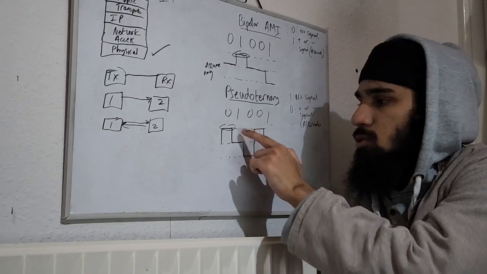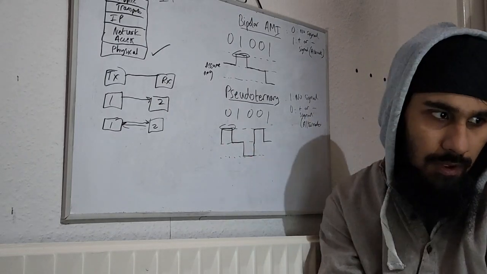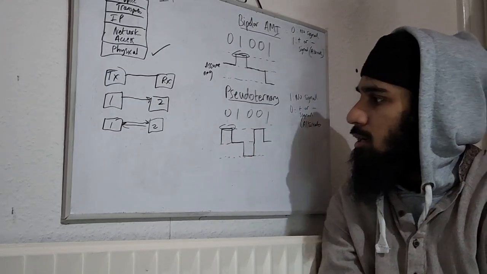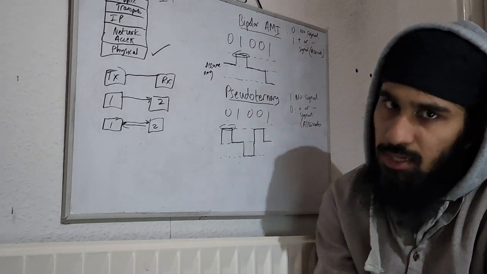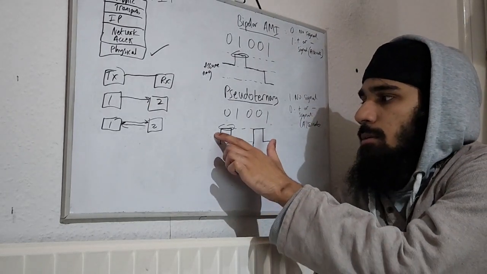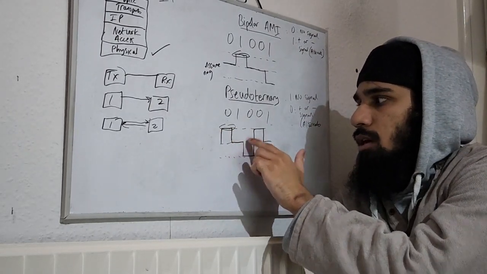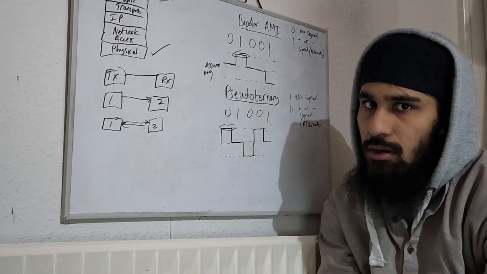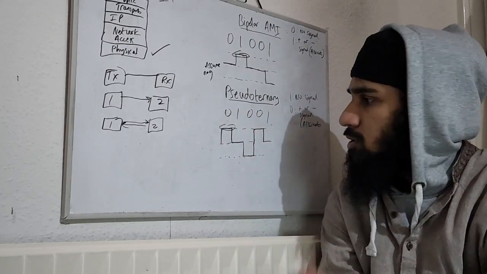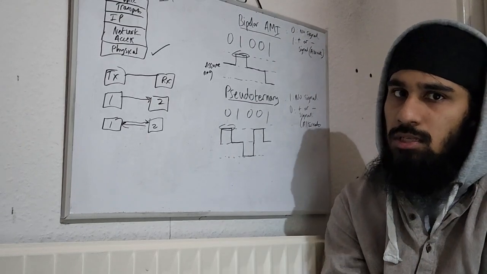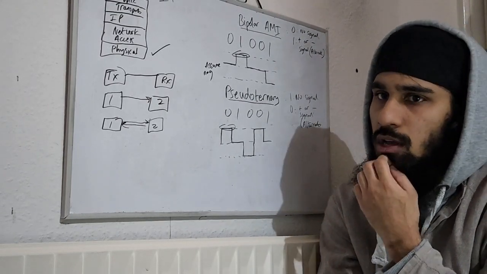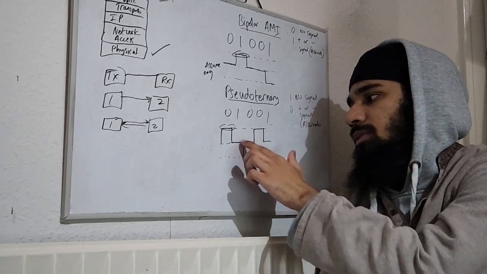Here is positive. Now you know that because this was positive, this should be negative. And this can be used for error detection. If this was positive and then you have another 0 and then you get another positive, that is not possible. You can say that something went wrong. So yeah, it should be a negative.